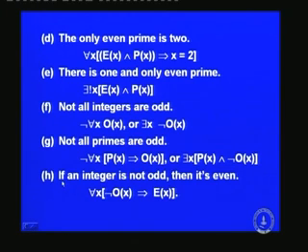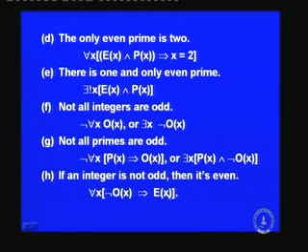Look at this statement: if an integer is not odd, then it is even. This can be written in the form for all x, not of o of x implies e of x.